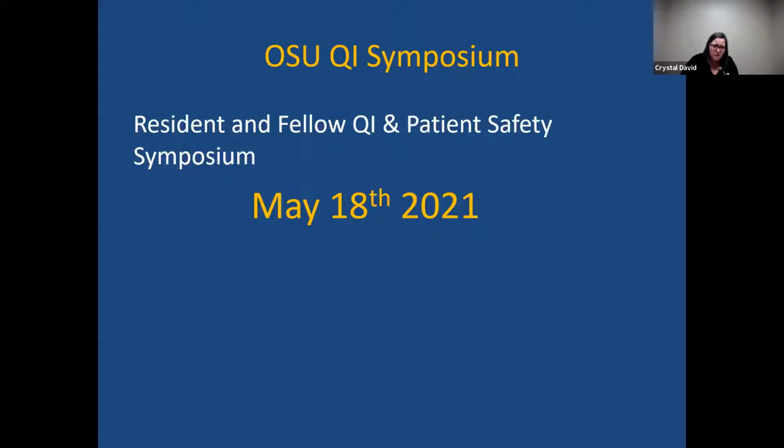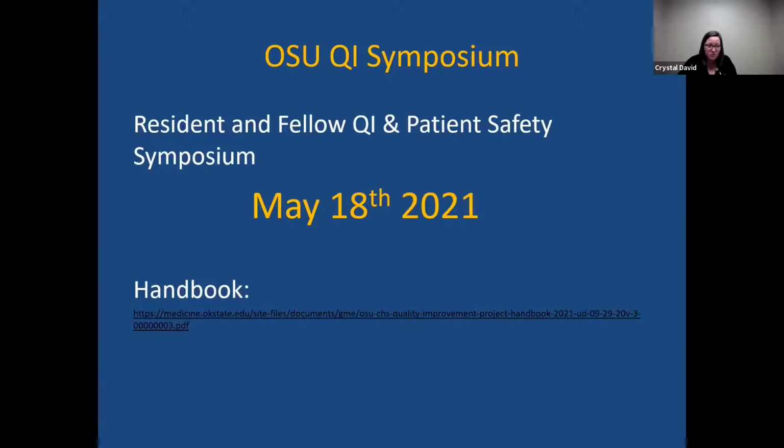If you're not familiar with it, I have included the link here for the handbook. You probably have seen it in your email. I know we all get a lot of emails and sometimes those can get missed, but you can find it on the website here at medicine.okstate.edu. So I would just encourage you to look through that, even if you're not doing a quality improvement project this year, to give you ideas for how you could implement one next year and even after you graduate from residency.